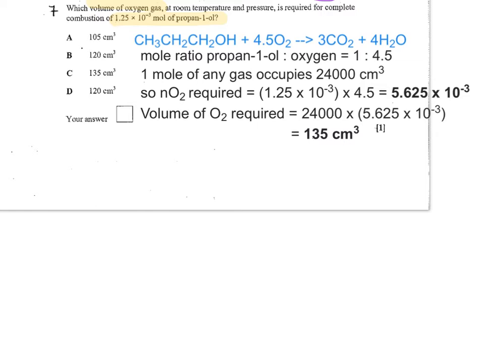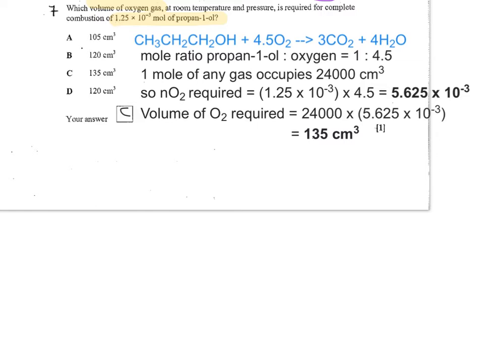What you do, you start with the equation like I said, and you go to the mole ratio of your propan-1-ol to your oxygen. Knowing that 1 mole of any gas occupies 24,000 centimetres cubed, you then work out the number of moles that are required.